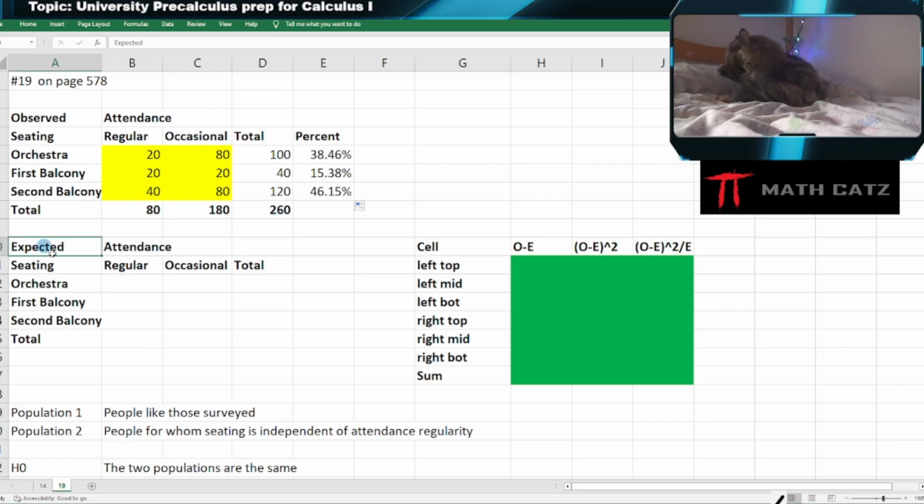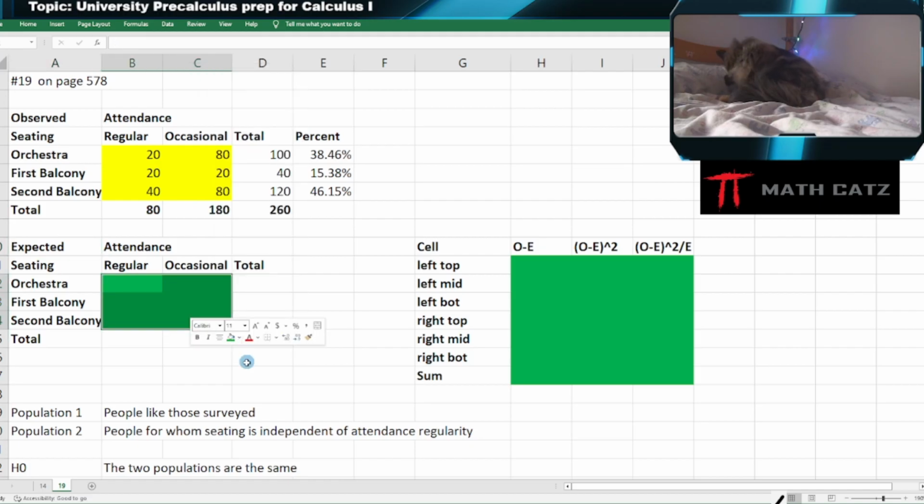So this is going to be my expected cells here. So I'm calculating these, let's say make them green. So here, out of the 80, I would expect 38% to be seated in the orchestra section.